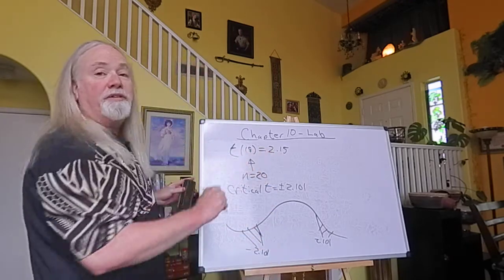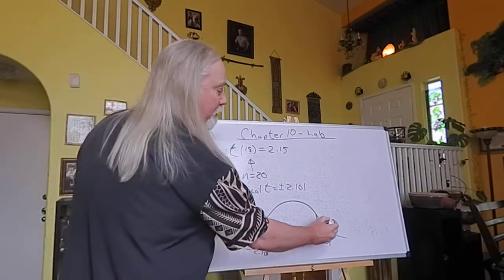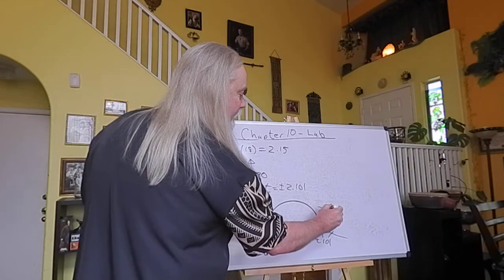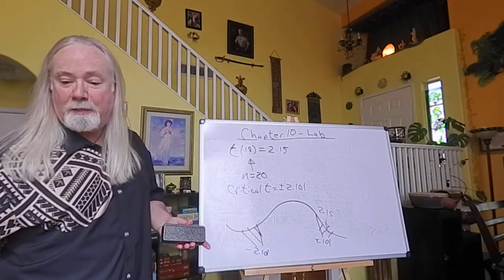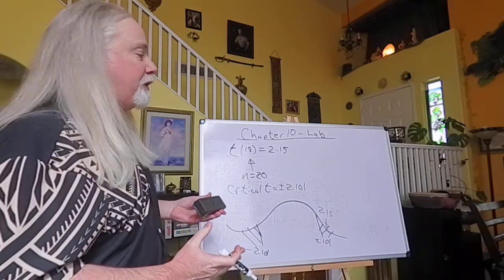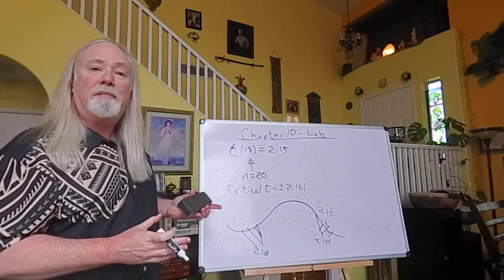We already know the t statistic was 2.15, so that lands over there. So what's our statistical decision? Reject the null hypothesis. So that's question 15, parts A and B.